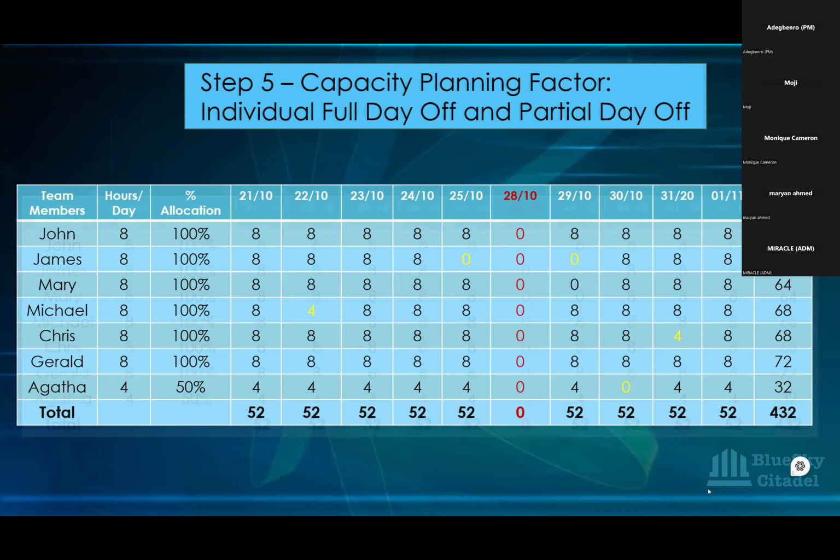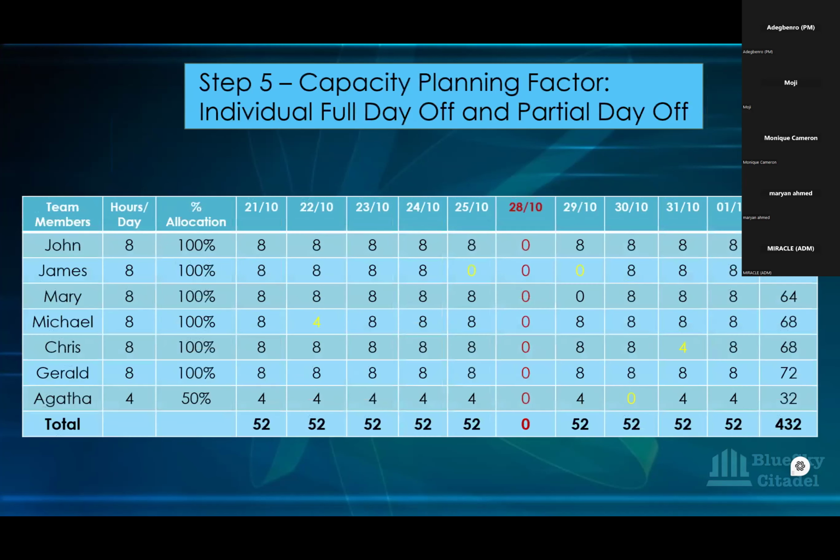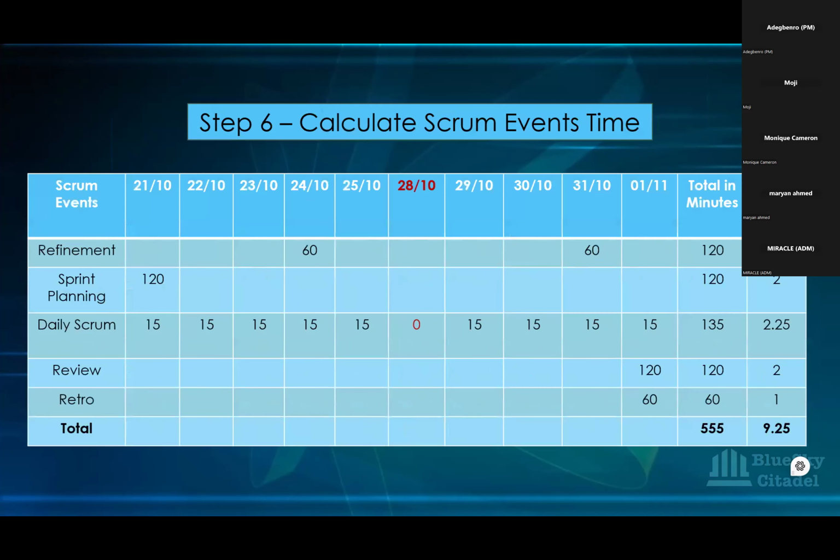Okay, so having said that, this is just a duplication of that one. We now want to look at the Scrum event time. We need to calculate the total of the Scrum event time because that also needs to be deducted from the total that we have. So the team has refinements twice in the sprint.